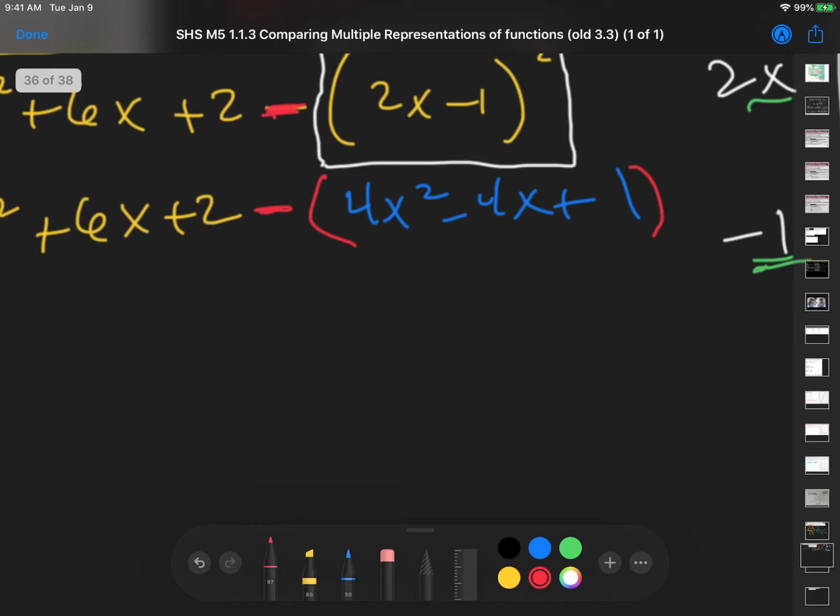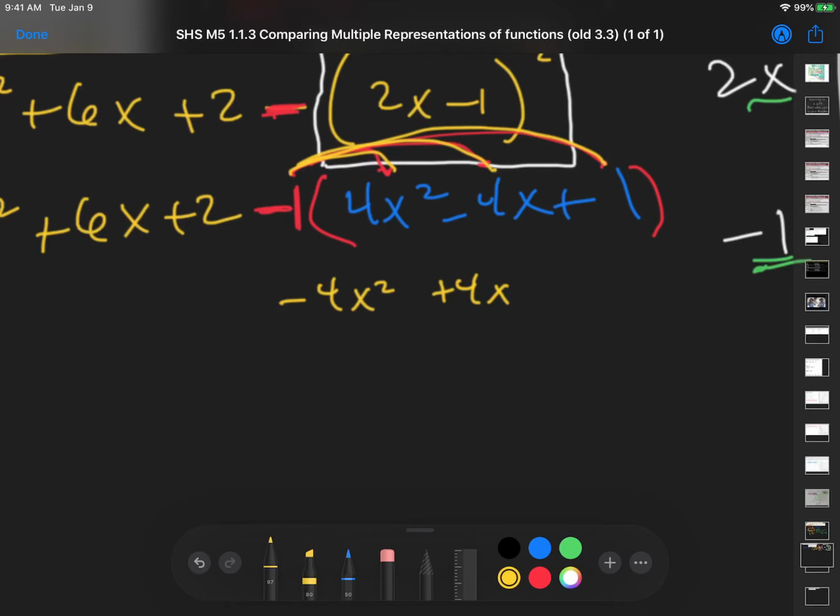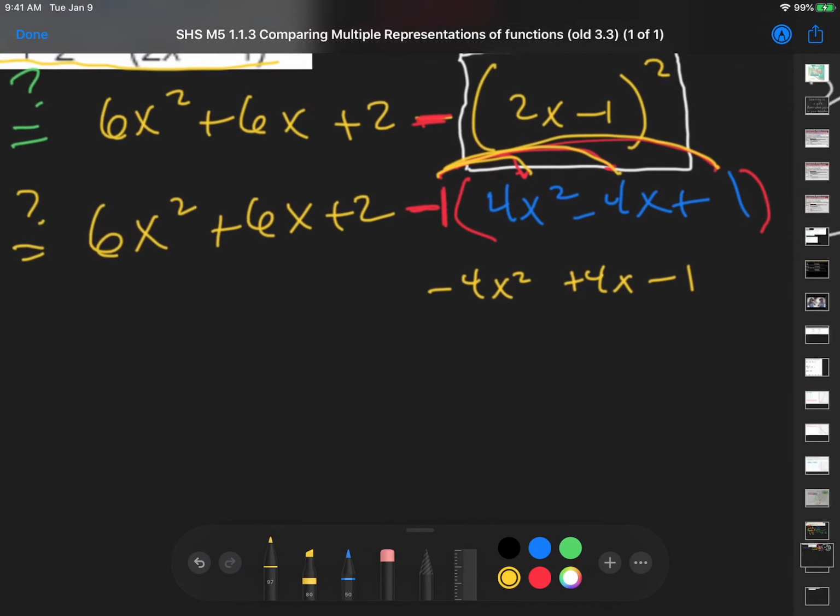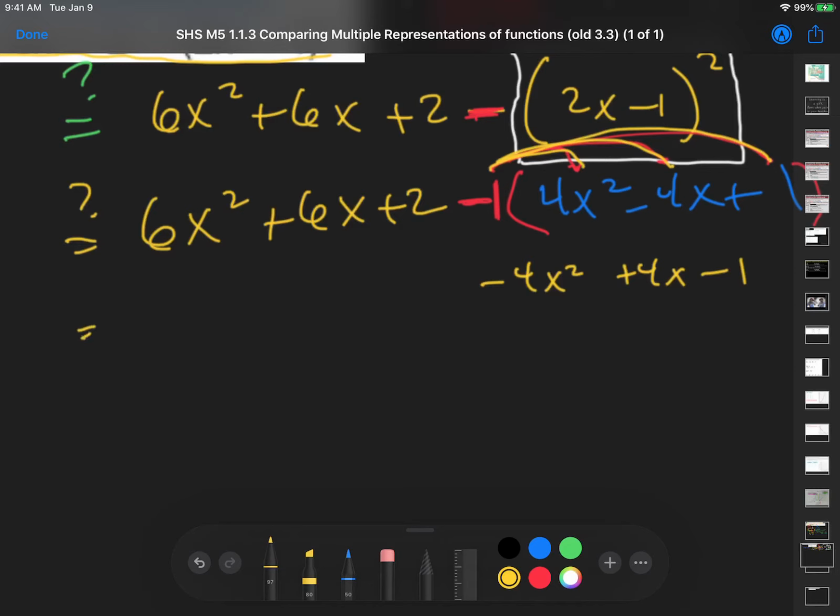You can think of it as changing all the math operations inside the red parentheses, or you can think of it as multiplying by negative 1. Okay, this is another way of thinking about it, so let's do that. So I get negative 4x squared, negative 1 times negative 4x gives me positive 4x, and negative 1 times a positive 1 gives me negative 1. Okay, and then I have to drop all this down here.